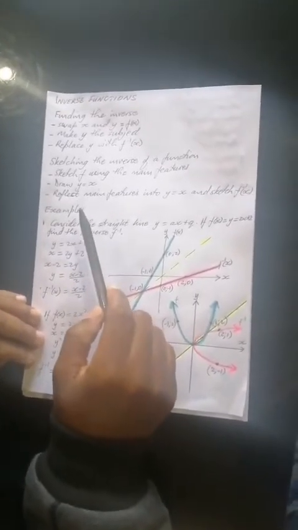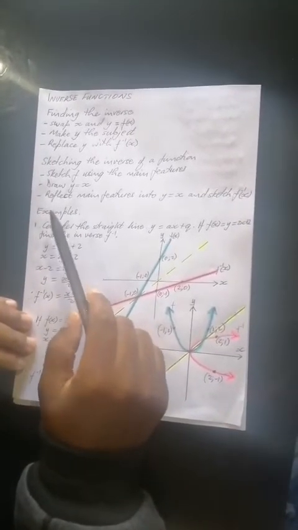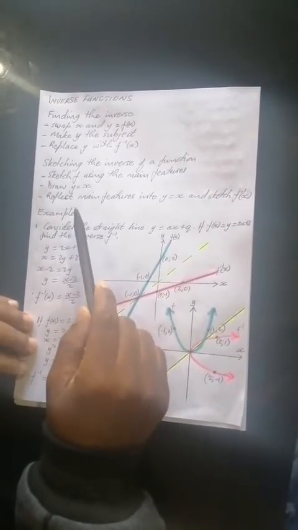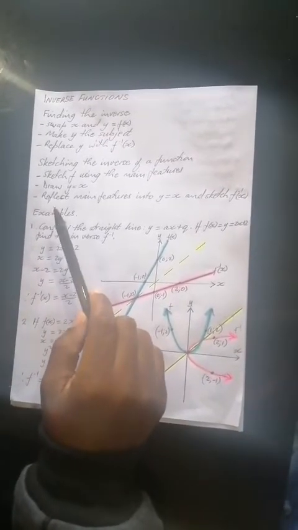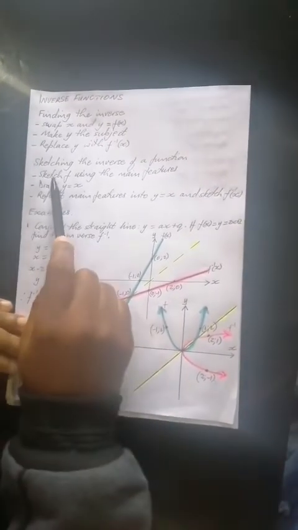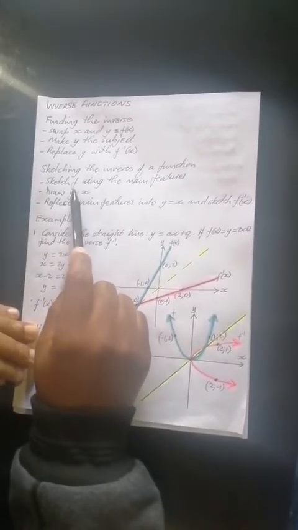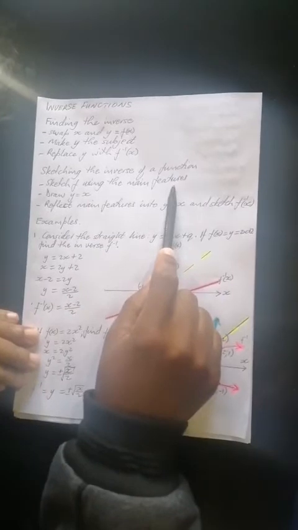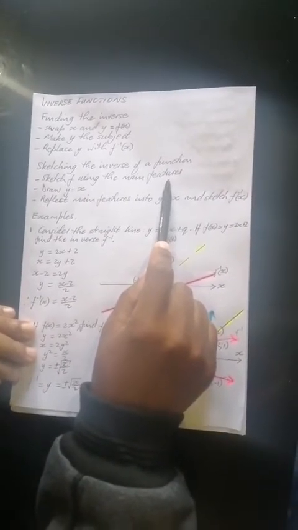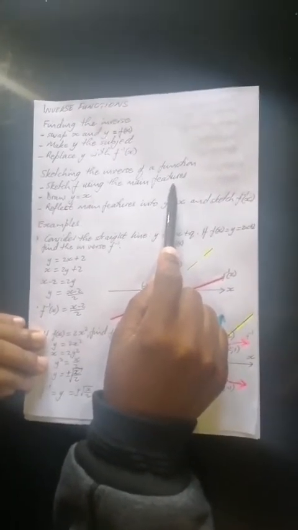We may also be required to sketch the inverse of a function. When sketching the inverse of a function, the following must be done. We need to sketch the function using the main features, which we dealt with in grade 10 and 11.